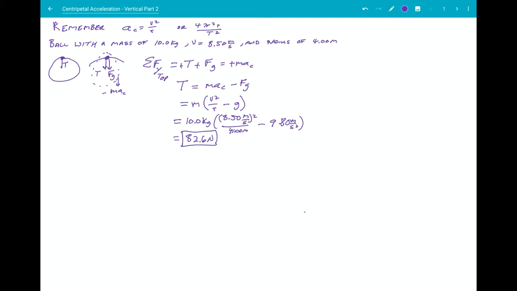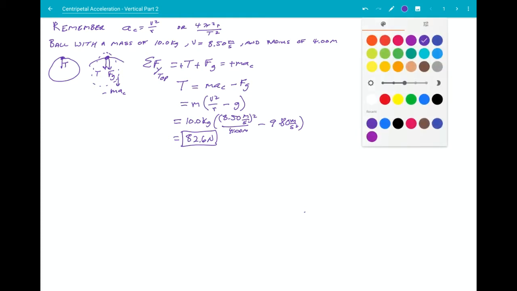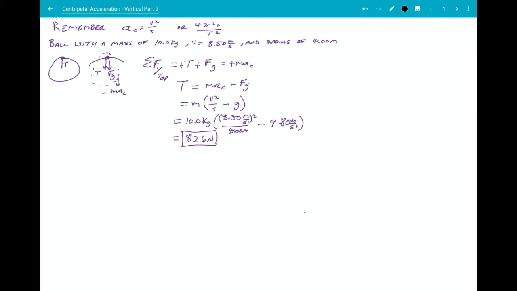Well, how about, and I'm going to do this in a different color. Let's say now the ball's at the bottom here of this arc or this circle being spun. Well, in this case, the tension is upward, gravity is downward, and this whole system is accelerating towards the center.